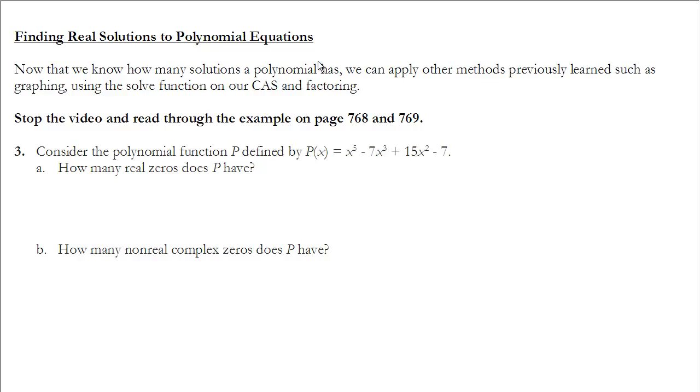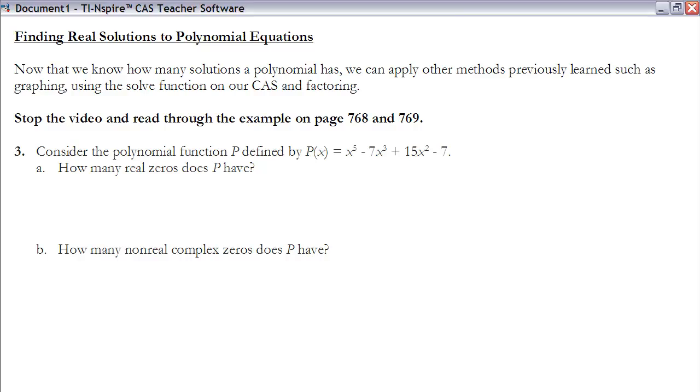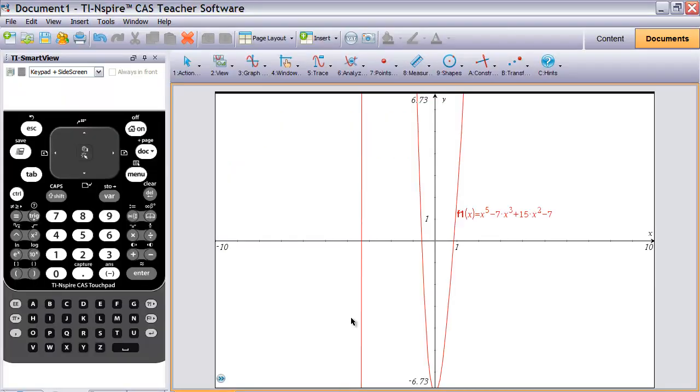Well, I think the easiest method to go about doing that one is to look at the graph, so I've come over to my graphing calculator and I've graphed that function. It asks for how many real zeros. Before I even find them, since it's not even asking me what they are, I know the real zeros are where it intersects the x-axis.